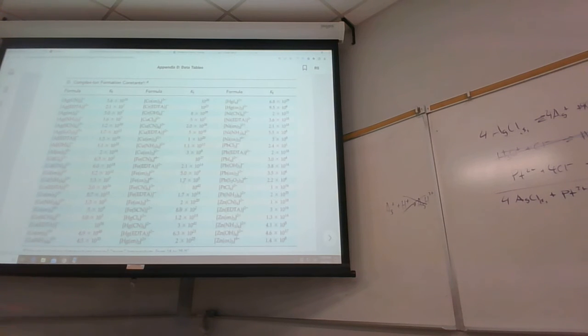In fact, that's what we did in lab. You remember doing this in lab? You had silver chloride. I don't think you generated 2 grams of silver chloride, but you generated some amount of silver chloride. And you ended up dissolving it in ammonia. Do you remember what the concentration of ammonia was?